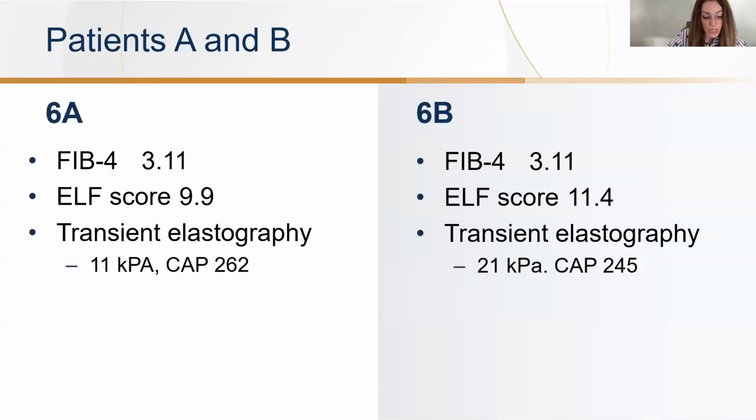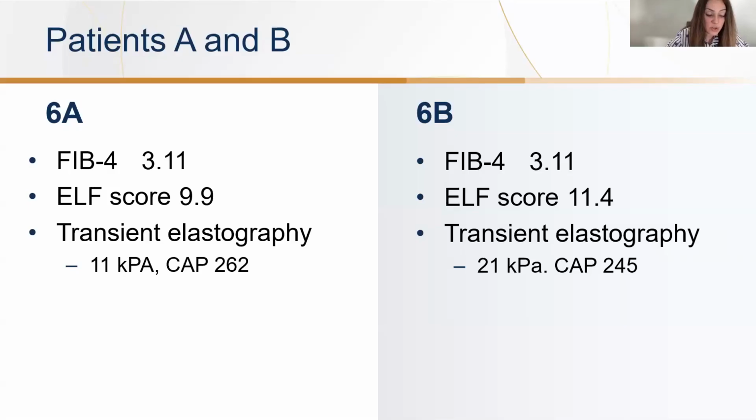So if we compare the two scenarios as we have the NITs results here side by side, what stands out is that FIB4 alone can be unreliable. And in this case, it overestimated the degree of fibrosis in the F3 patient case here on the left side.